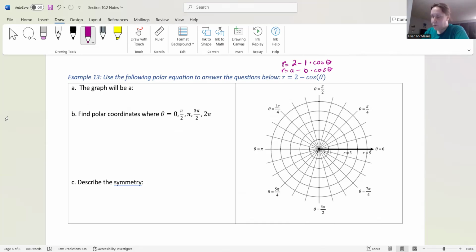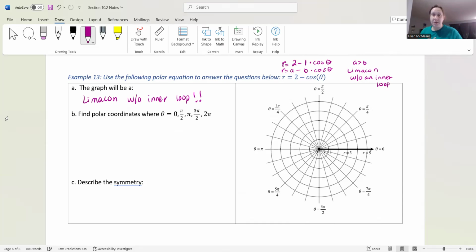We do have the situation where a is greater than b. So this is definitely a limacon, and it's one without an inner loop. Because a is greater than b, we don't have that inner loop. So let me write it here: limacon without inner loop.